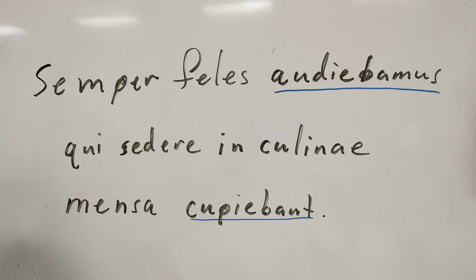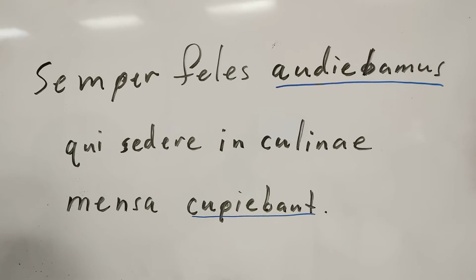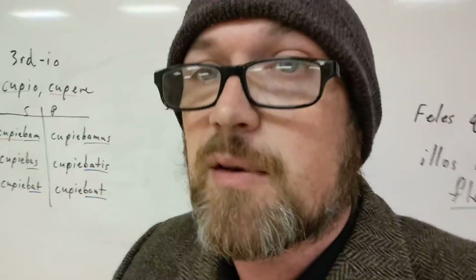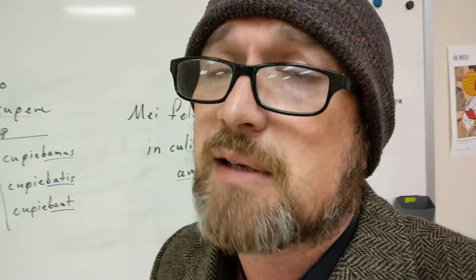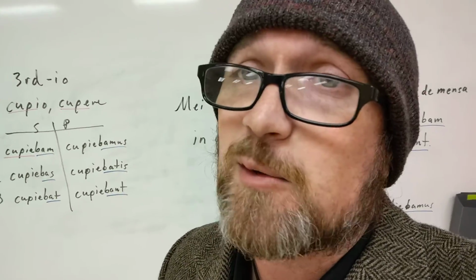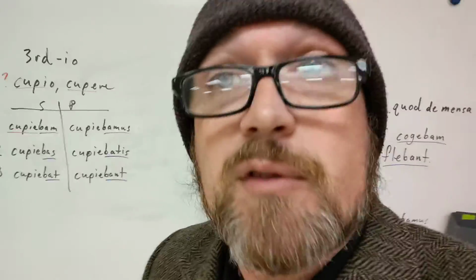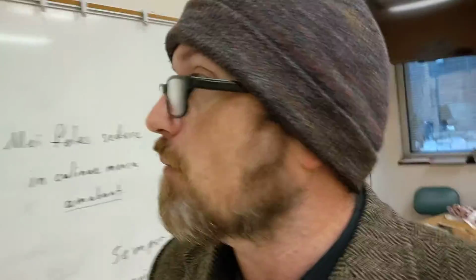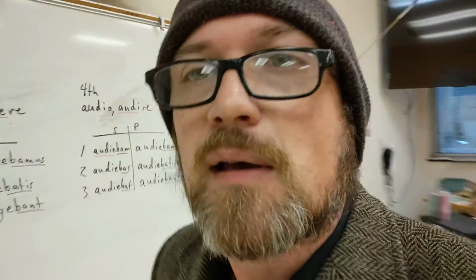And again, imperfect because these are things that happen all the time. They're kittens, they're going to get on the kitchen table, but you have to tell them no because no matter how much you love your cats or how much you are a cat person, cats do not belong on the kitchen table, all right? They go places and they do things with those paws, and you've got to keep that stuff clean, okay? So hopefully this is making sense to you guys.